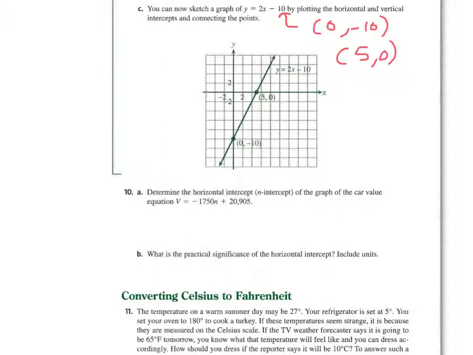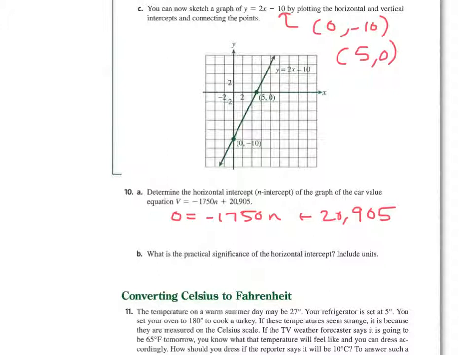So let's find the horizontal intercept for the one we were talking about originally in the car problem. We know the vertical intercept is at 20,905, but now I'm going to plug in 0 for v. Now I have to solve it for n by bringing over the 20,000 and then dividing by the negative 1750.